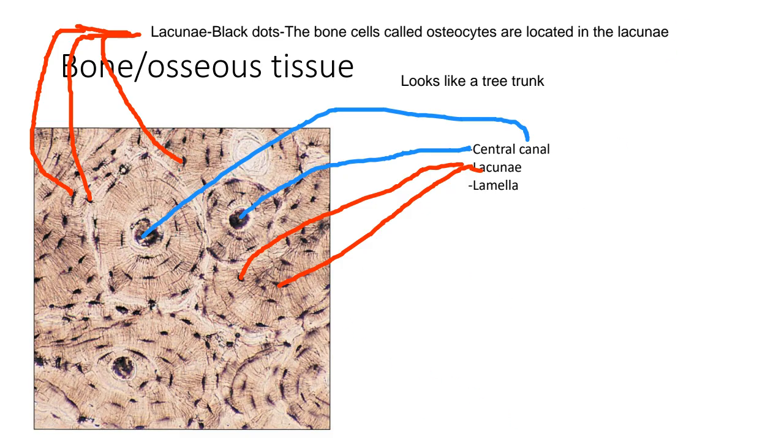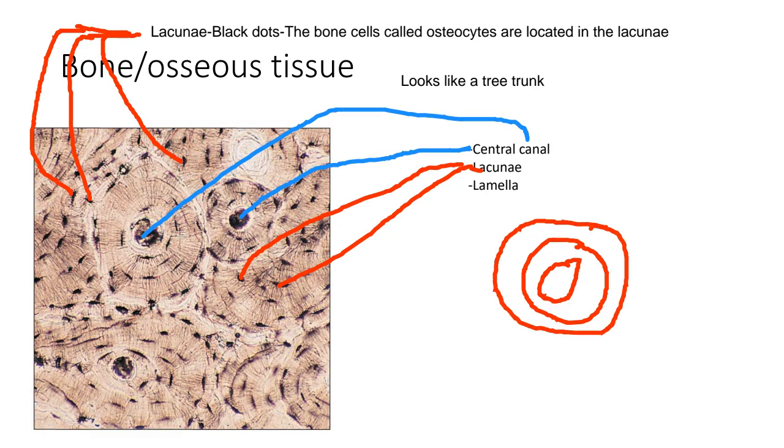I'm just going to sketch it right here. This is what it looks like. Like the spaces in between. I'm trying to find a different color here so I don't mix them up.